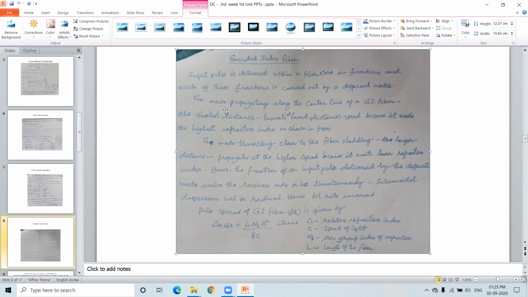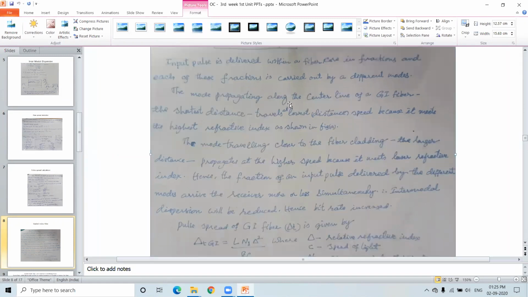The mode propagating along the central line of a graded index fiber travels the shortest distance. Therefore, it has to travel at the lowest speed, because it meets the highest refractive index, as shown in the figure.